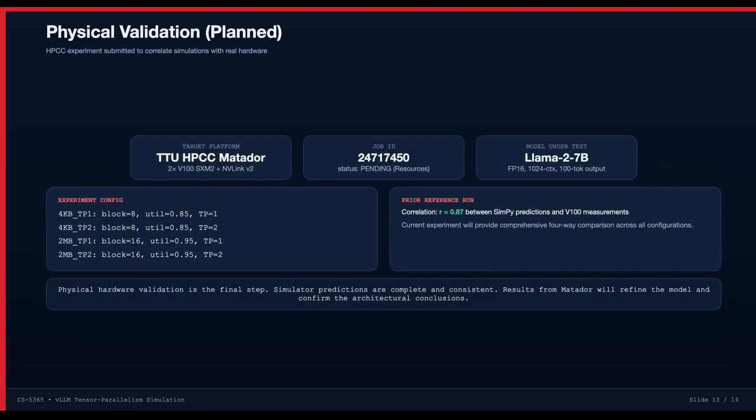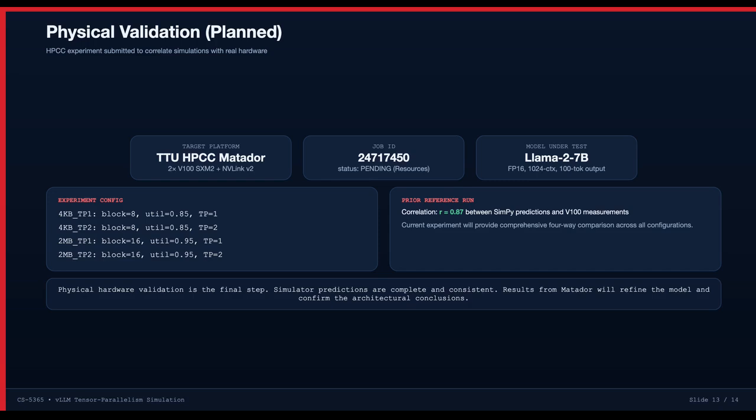So this slide actually needs updating. The model that I ended up going with was DeepSeek Coder version 2, and that model can be broken up over two GPUs.